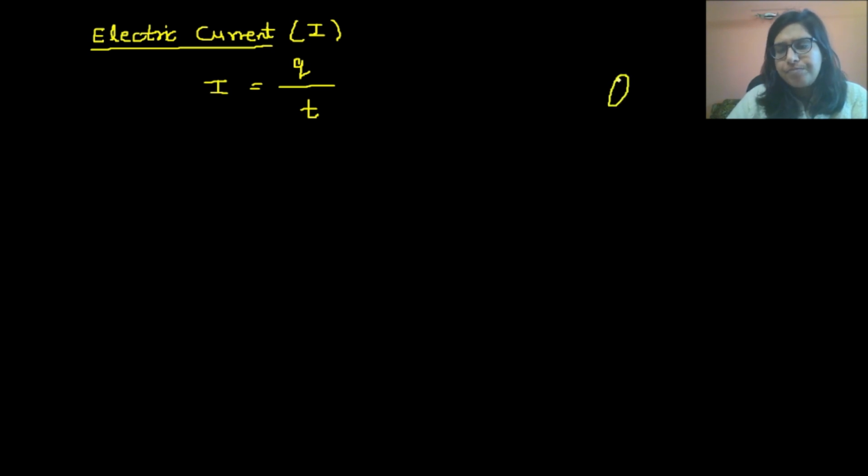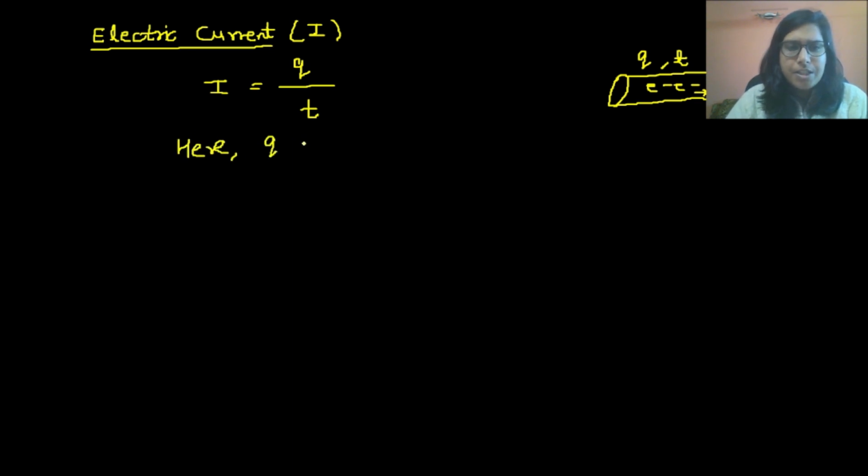Suppose we have a wire in which electrons are flowing, and suppose a total charge Q is flowing in time t, then we can write current will be the total charge upon time. Here Q is the total charge flowing and t is the time.